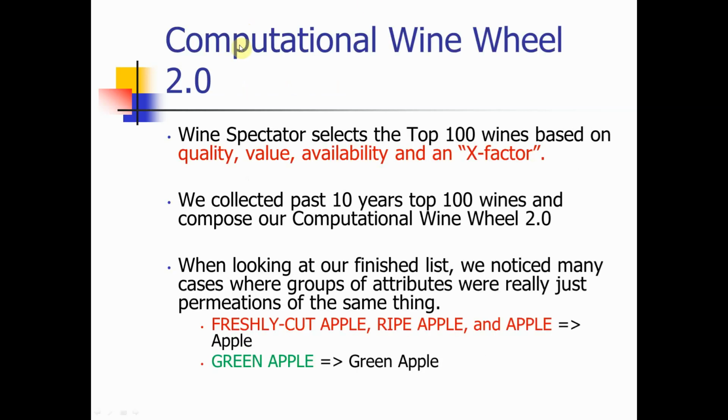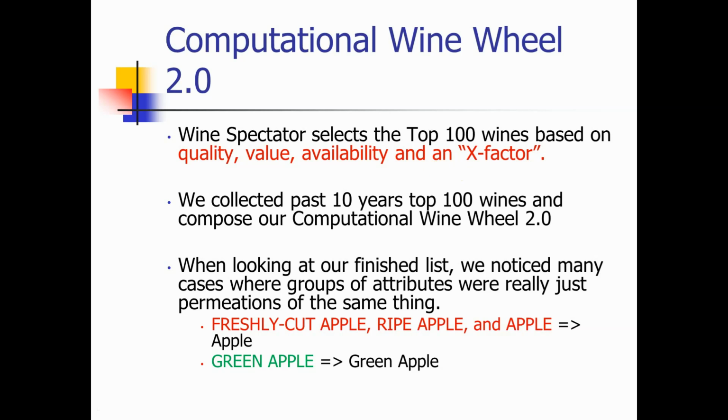So what we need to do, of course, is talk about a computational wine wheel, which is the tool to automatically retrieve the keywords out from the reviews. You can see this is also considered the data preprocessing part. Wine Spectator selects the top 100 wines based on quality, value, availability, and X factor, which is the excitement to them.